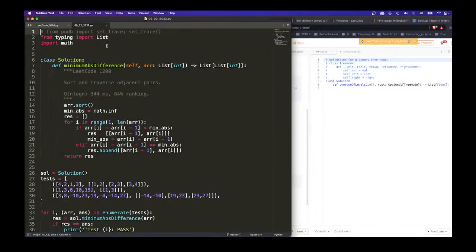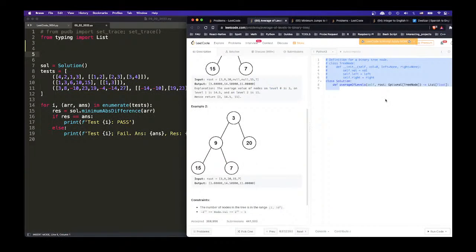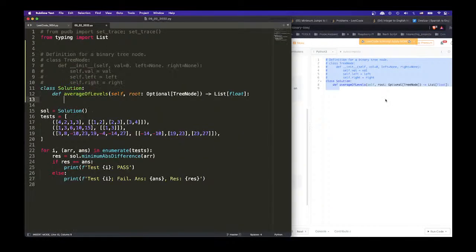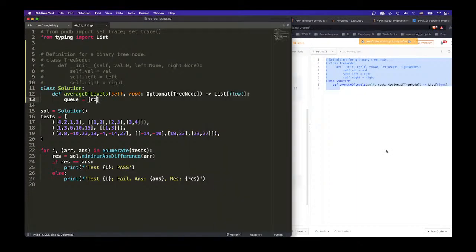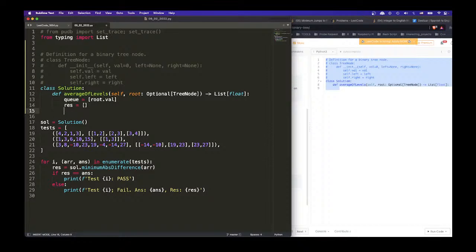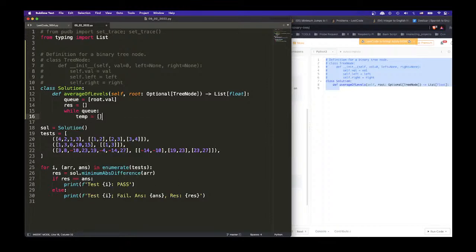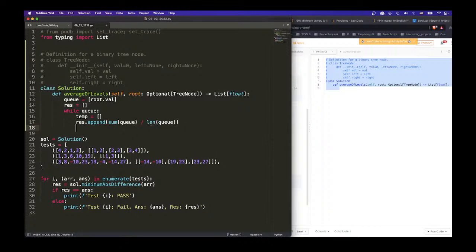1654. I think what's gonna happen with 1654 is I'm gonna read the hint, and after we read the hint, we will try to see if we can get it done. Right, that's that.